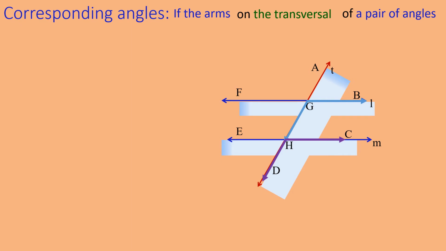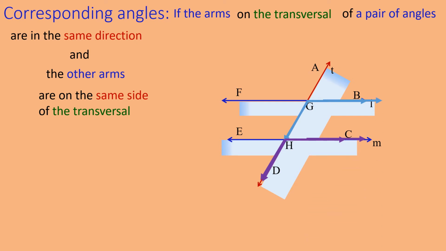A pair of angles that have these arms are in the same direction. See here, ray GH and ray HD are in the same direction, and the other arms, GB and HC, are on the same side of the transversal.